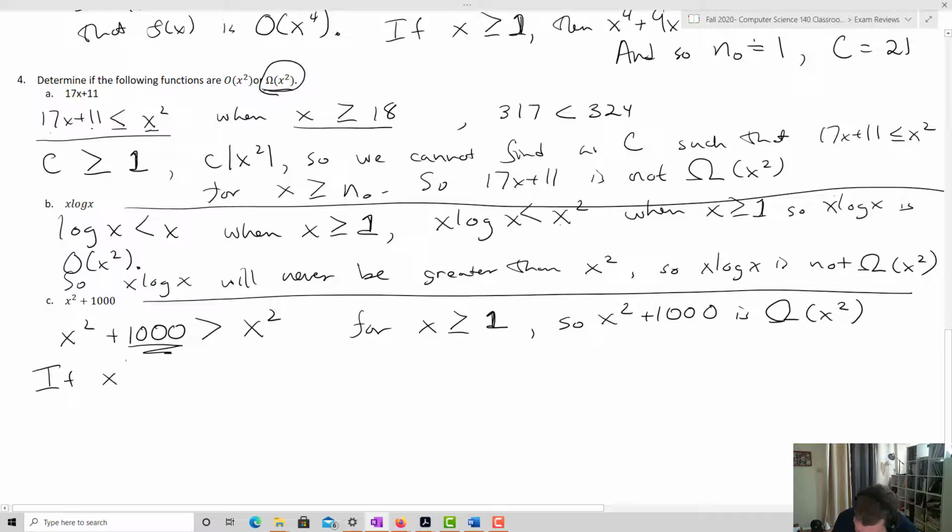If x is greater than the square root of 1,000, so we want to see x greater than the square root of 1,000, x should equal 32.